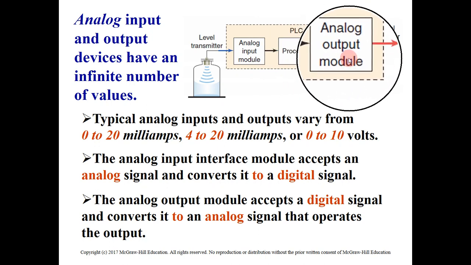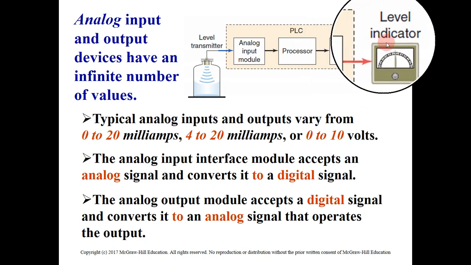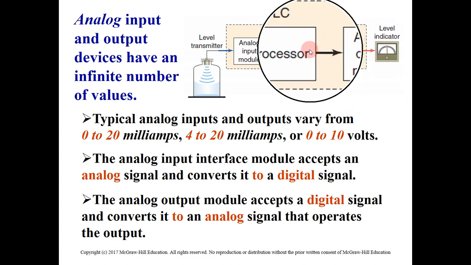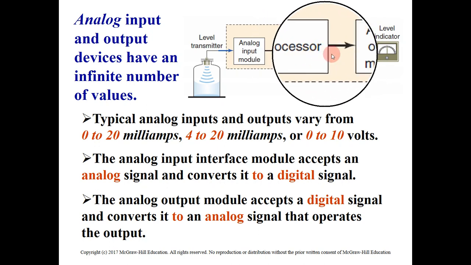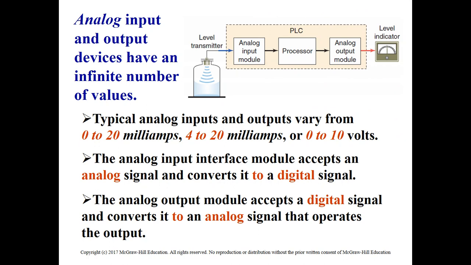Since the analog output module is connected with an analog device or analog indicator here, we need to convert the data which goes from the processor from digital to analog, and then it is sent to the analog output device.